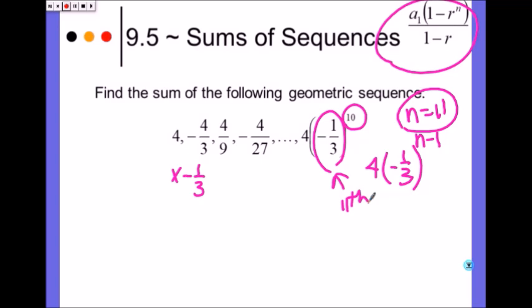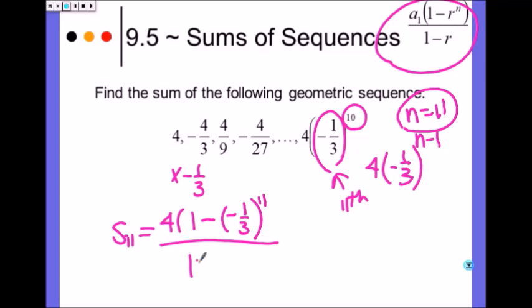Now let's plug into the formula. It's the first term. So the series of 11 terms equals 4 times 1 minus the ratio, which is negative 1/3, to the n, which is 11, divided by 1 minus negative 1/3.